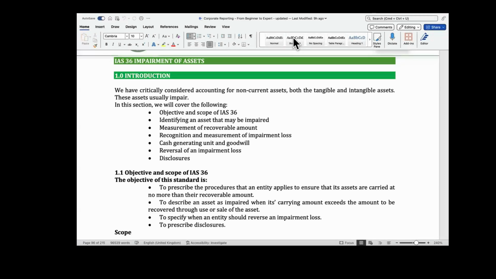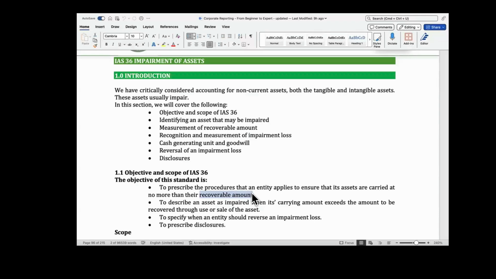And I told you that when it comes to impairment of assets, which is IAS 36, the aim is to ensure that the carrying amount of an asset is not higher than its recoverable amount. That's one of the objectives.